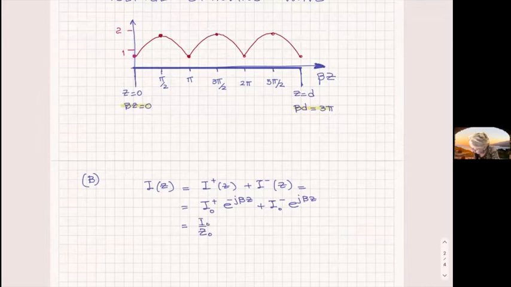So let's write it here. V naught plus e to the minus j beta z.